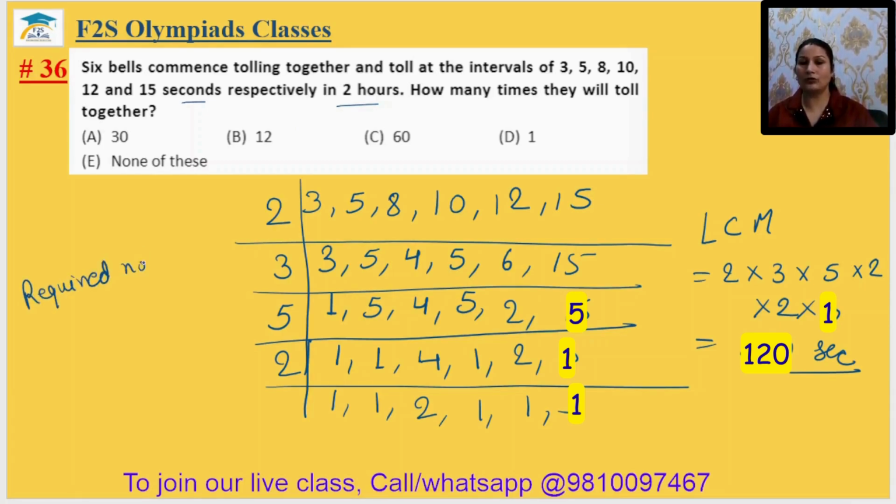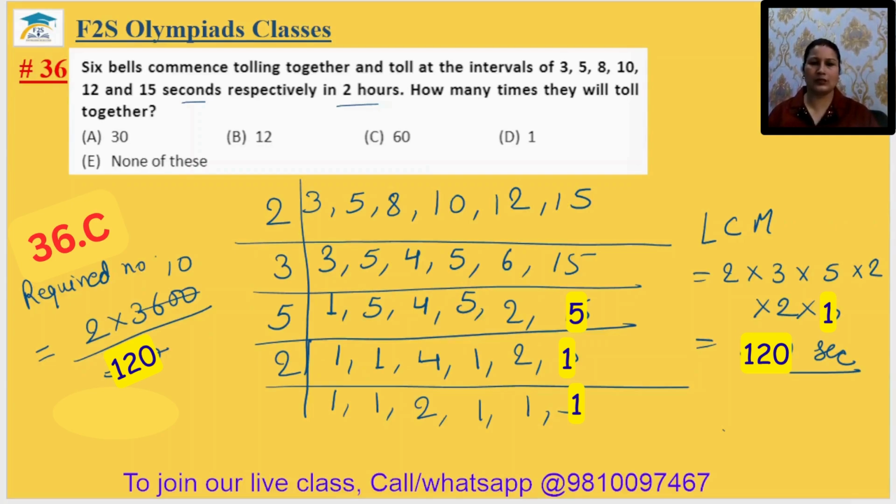Required number of times of the bells ringing together will be 2 multiplied by 3600 upon 360. The answer will be none of these. 36E.